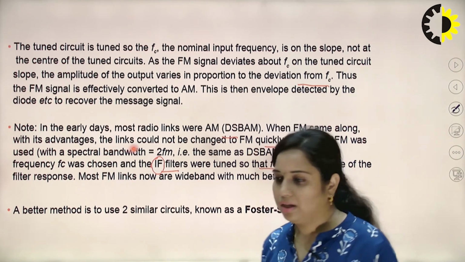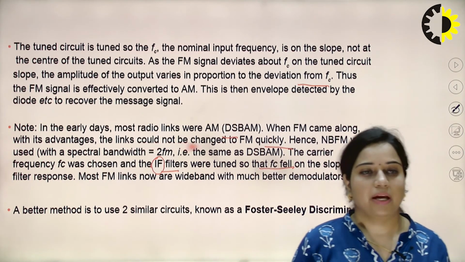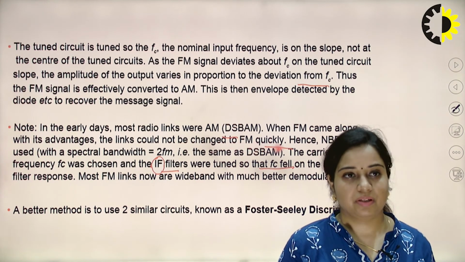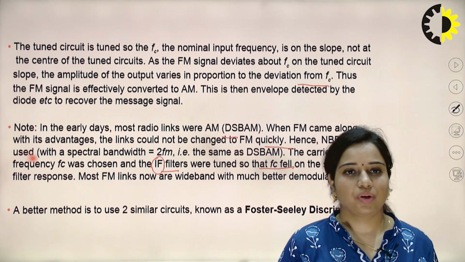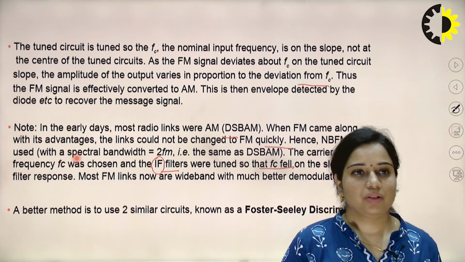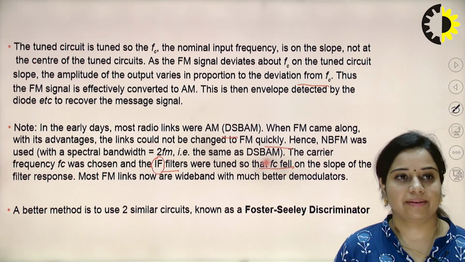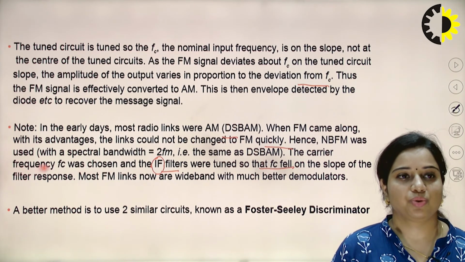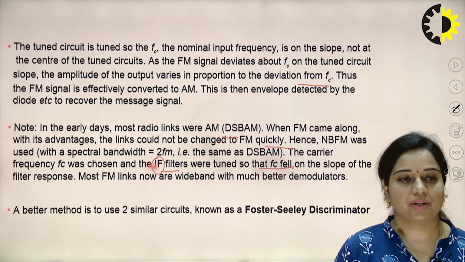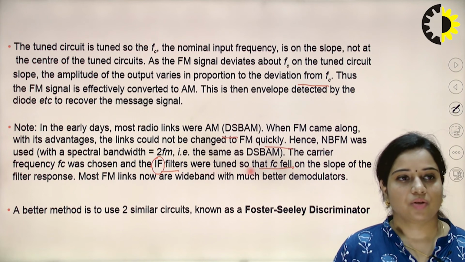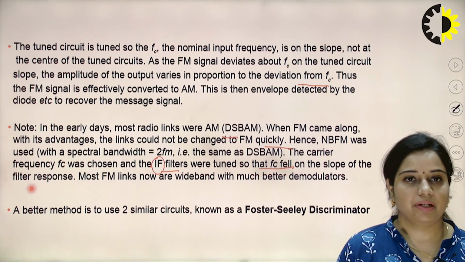So basically, when we moved from AM to FM receivers, for the demodulation of the FM signal, superheterodyne receivers are used. Whatever incoming radio frequency we have will be changed to an IF frequency, that is known as intermediate frequency. According to that, different filters are used.